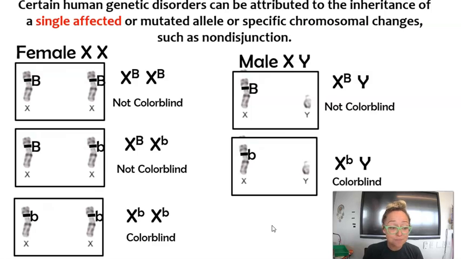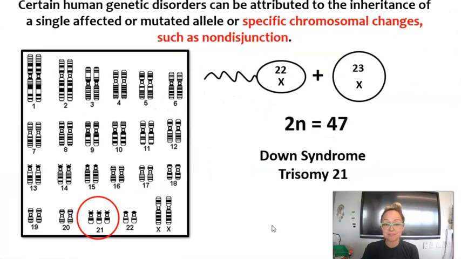And then our last part of this standard is about specific chromosomal changes such as non-disjunction. I have a whole separate video and PowerPoint on non-disjunction, but this is really due to either homologous pairs or sister chromatids failing to separate properly during meiosis, and it leads to an individual being born with an extra or missing chromosome.